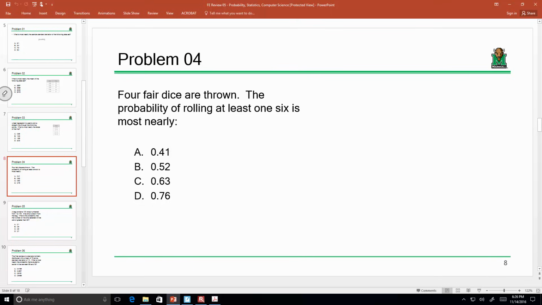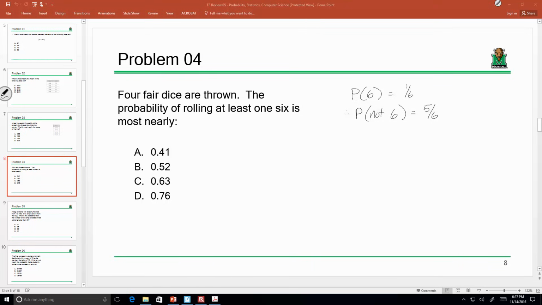Let me ask you a question. If I throw a single fair die, what is the probability of rolling a 6? 1/6. Okay, if that is the case, what is the probability of not rolling a 6? 5/6. Make sense?